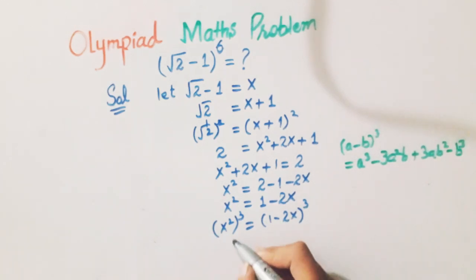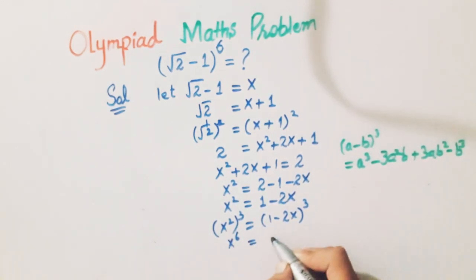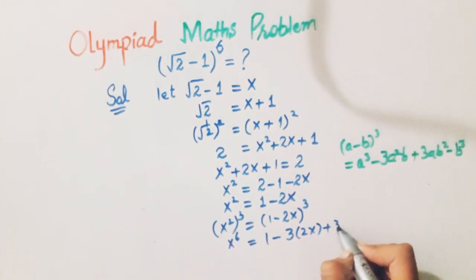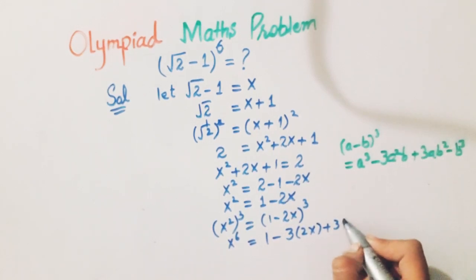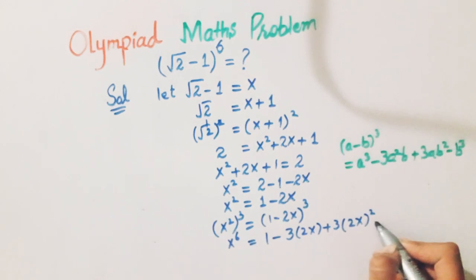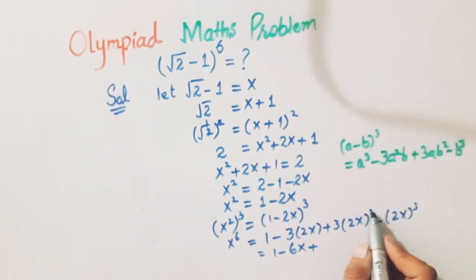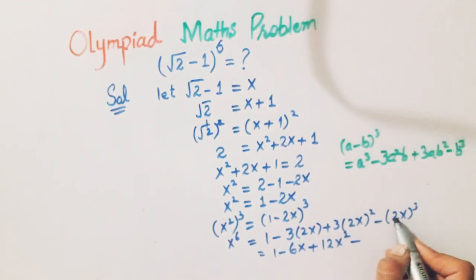So we get x to the power 6 equals 1 cube minus 3 into 1 squared, that is 1, into b, that is 2x, plus 3, a is 1 and b is 2x squared, minus b cube, that is 2x cubed. So we get 1 minus 6x plus 2x squared is 4x squared, so 4 into 3 is 12, 12x squared minus 2 cubed is 8, and x will be x cubed.